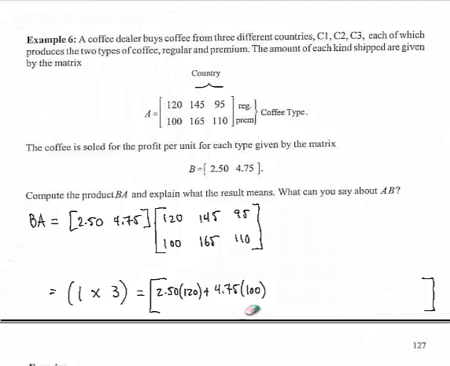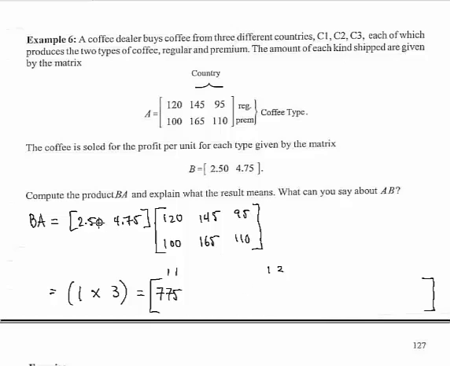So this turns out to be 775. And now we move on. First row, second column. Well, that makes sense because this product matrix only has one row. This 775 came from the first row times the first column, so it's in the 1, 1 position.